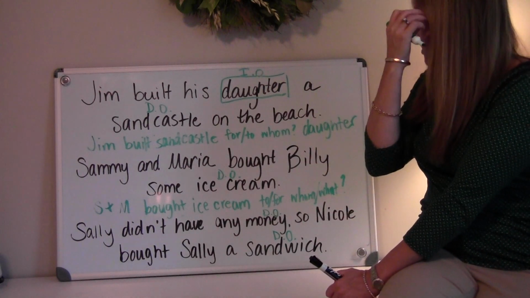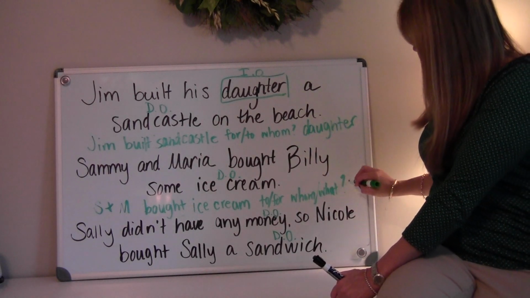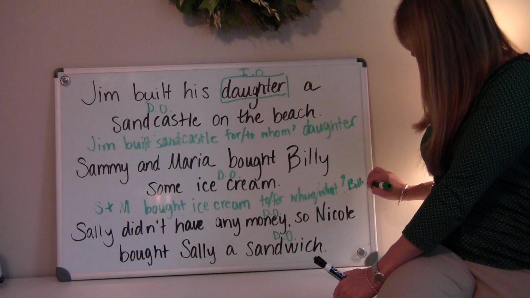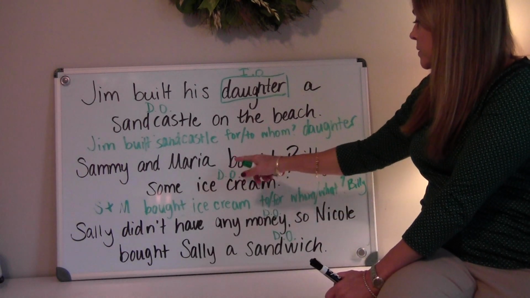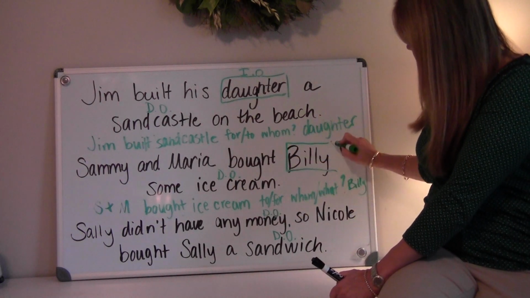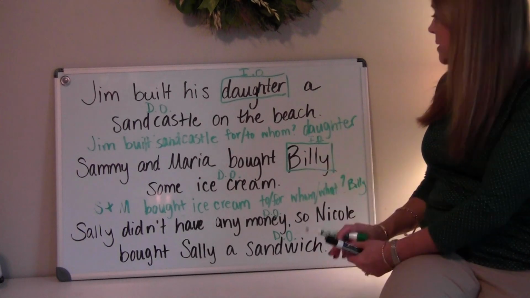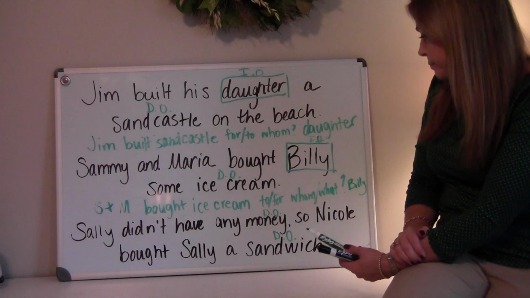And the answer to that question is Billy. So my indirect object, I-O, for this sentence is Billy.